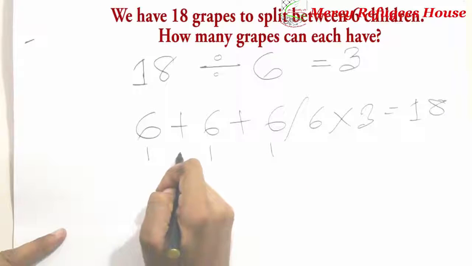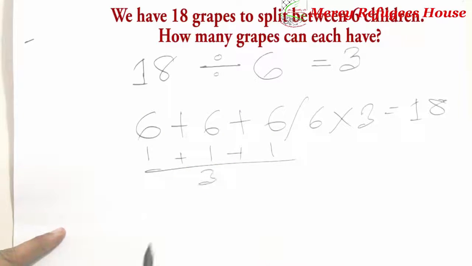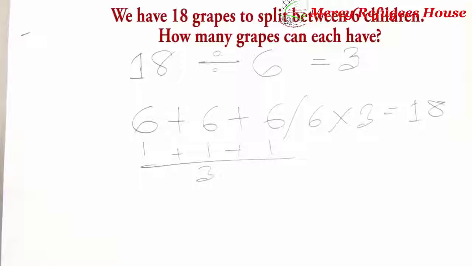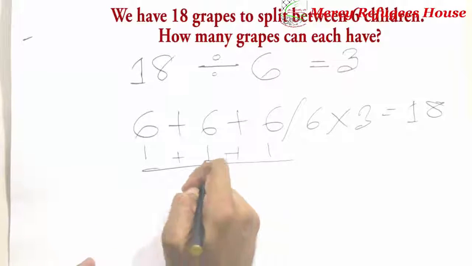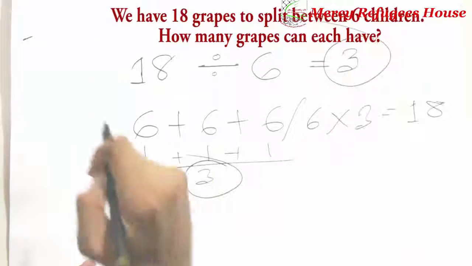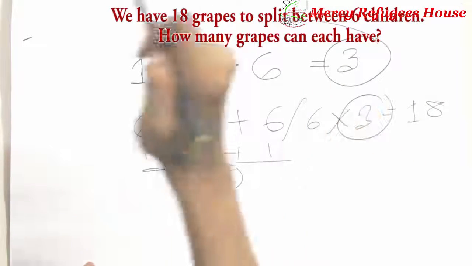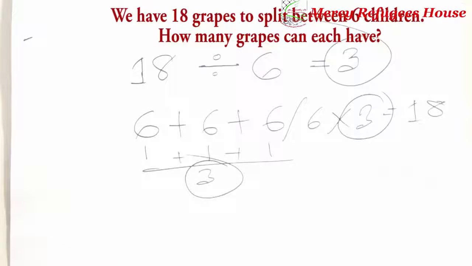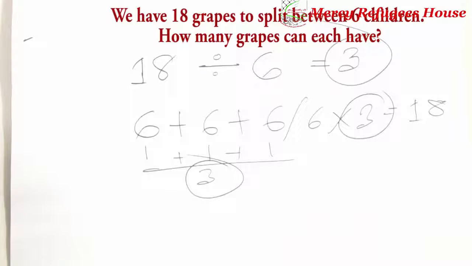So we needed 1 plus 1 plus 1 equals 3, 6s. That is how we get the answer 3. This 3 comes from here. Or if you remember the multiplication table, we found out that 6 times 3 equals 18.